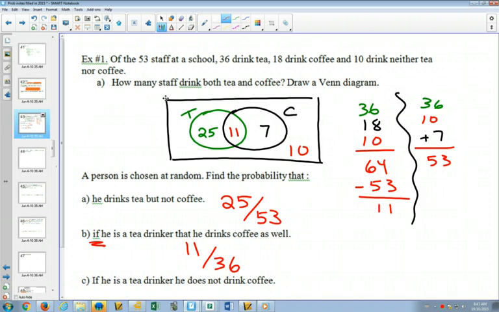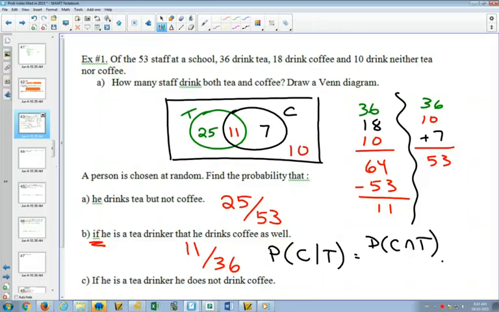Our formula would give that as well. If we went to our formula, the formula says, what's the probability of drinking coffee given tea? This is what our formula looks like for conditional probability. Probability of coffee and tea. Well, what is the probability of coffee and tea? That is 11 out of 53 people.